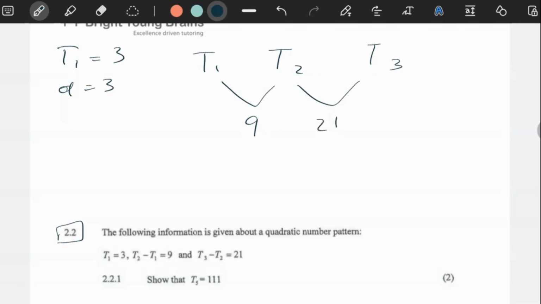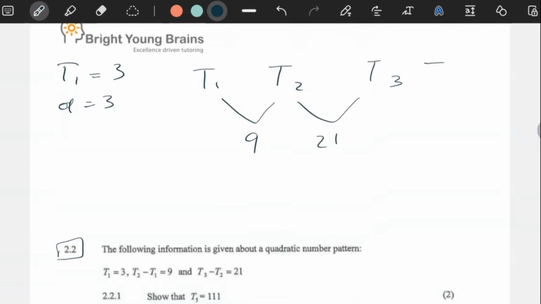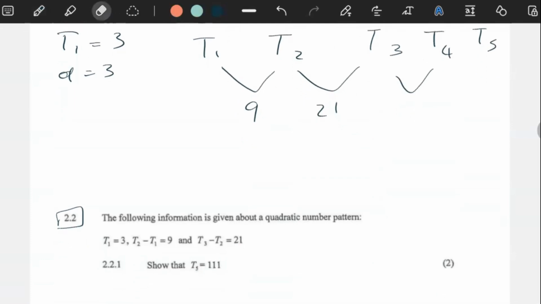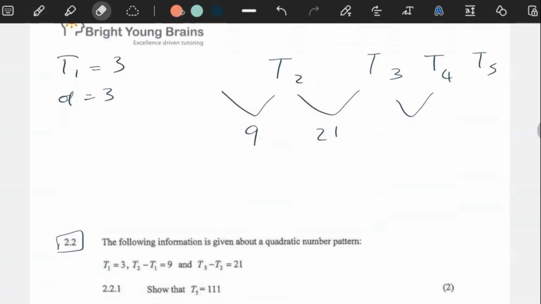And then we have T4, which we don't know, but then we have T5 somewhere. T5, they've told us that it is 111. So what we can actually do to modify this, let's replace this with a 3. Let's replace this with 111.